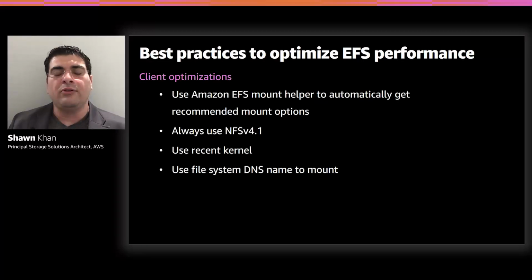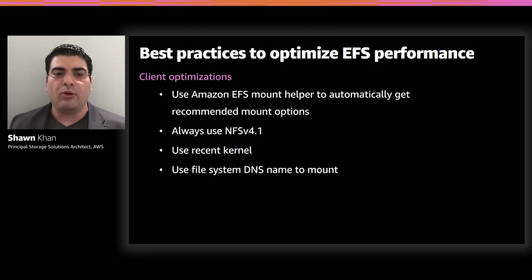So now coming to some of the additional best practices. There are different ways we could optimize performance. Looking at the client side, we recommend using Amazon EFS Mount Helper to automatically get the recommended mount settings, because they're optimized for best practice and best performance as well as data integrity.